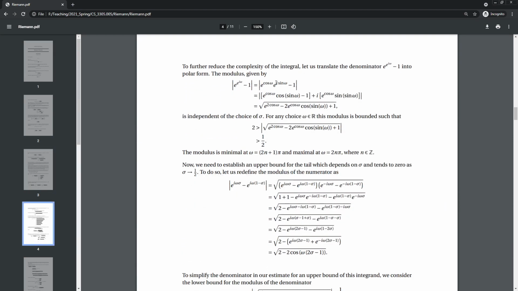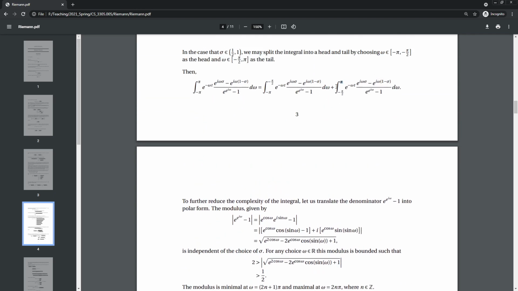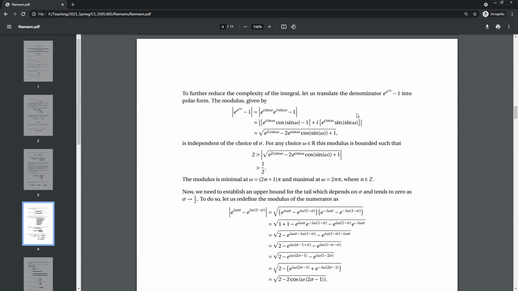Okay, so it still looks kind of complicated. What can we do to simplify it? What can we do to take it from something complicated like this to something simple like this or this? Just following the rules, e to the i theta equals cosine theta plus i sine theta. So e to the i omega equals cosine omega plus i sine omega.